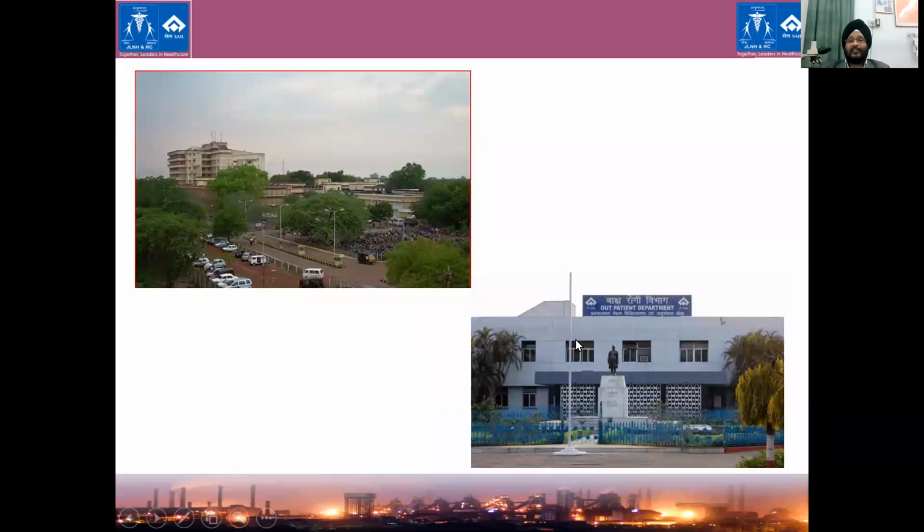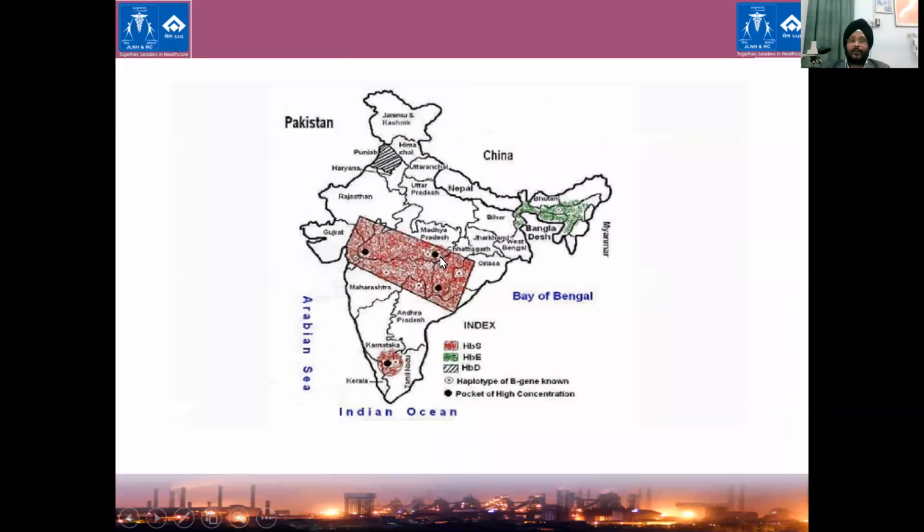This is our hospital where I work. But unfortunately, we also fall bang in the middle of a belt for sickle cell in India. I was telling you about my place because it is a village steel plant, and we have a cosmopolitan population.